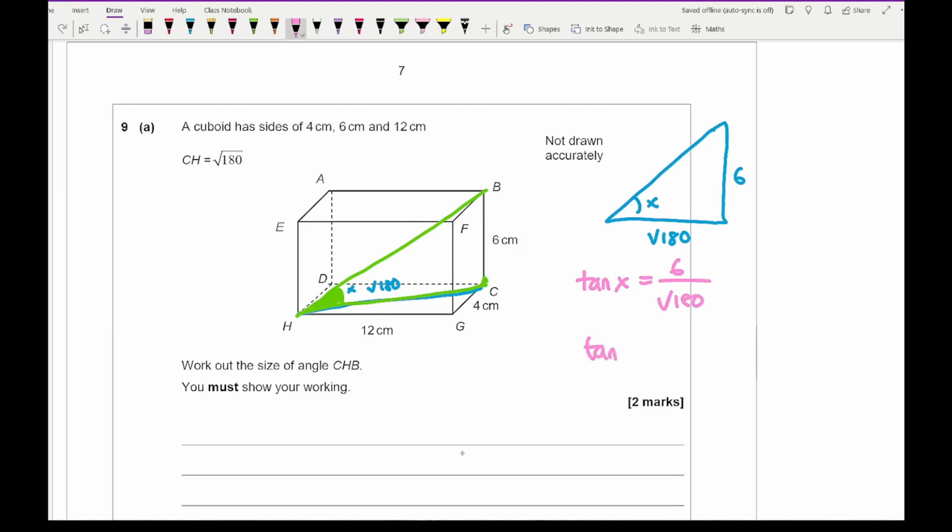Then do the inverse tan of 6 over root 180 to work out x. On the calculator it gives me an answer of 24.1, and that is in degrees to 1 decimal place.